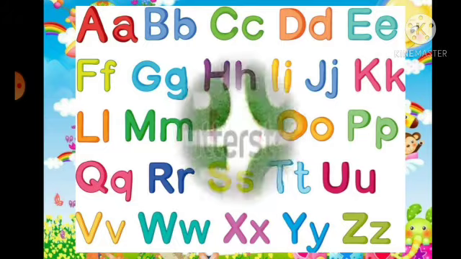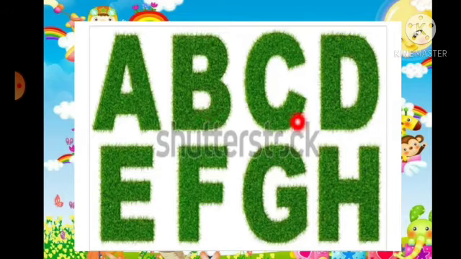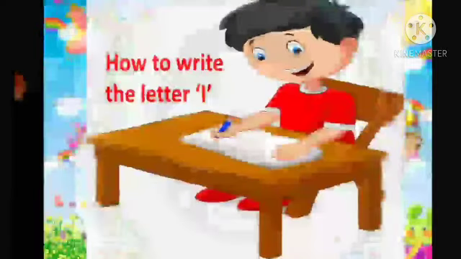In the previous classes, we have already learnt about A, B, C, D, E, F, G, H. And today we are going to learn a new letter I. And how to write the letter I, which makes the sound I. What letter is this, children?